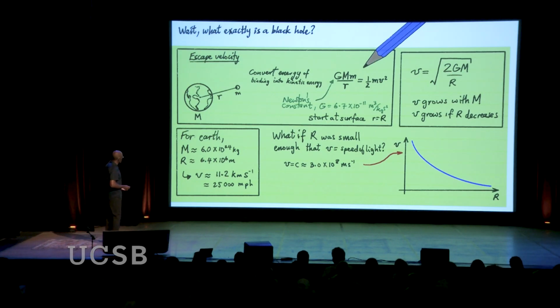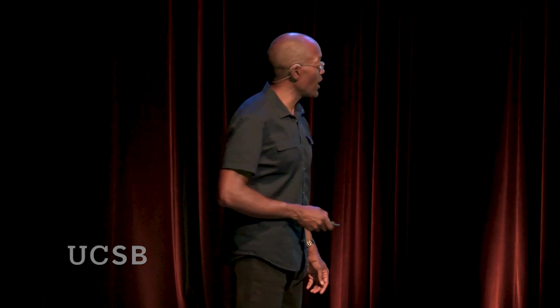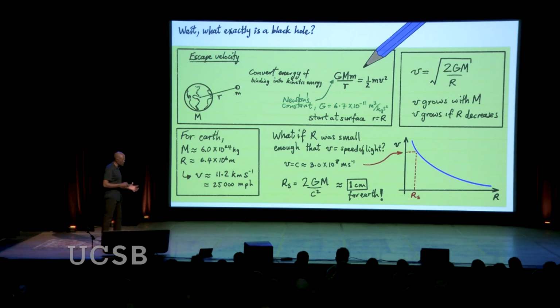By the way, if you worked out the ordinary escape velocity for the Earth without doing any of that compacting stuff, it's about 11 kilometers per second. Someone can convert that to miles an hour. I don't know how to do that off the top of my head. Okay. If you work out the escape radius, the radius of compactness for a black hole made from the mass of the Earth, it turns out to be about 1 centimeter.